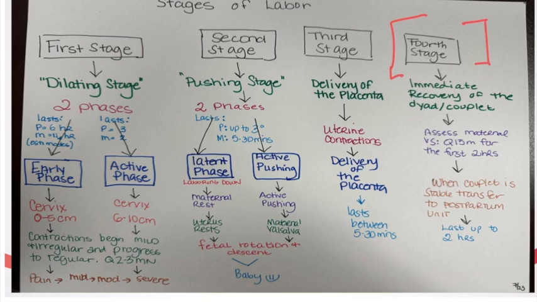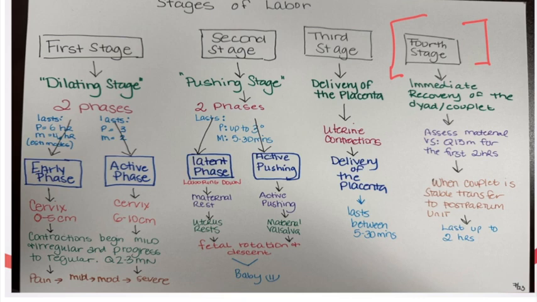All right. So let's go ahead and talk about the first stage of labor. The first stage of labor is the stage where your cervix dilates. I called it the dilating stage, just trying to make this not so foreign for you. A lot happens in this stage.